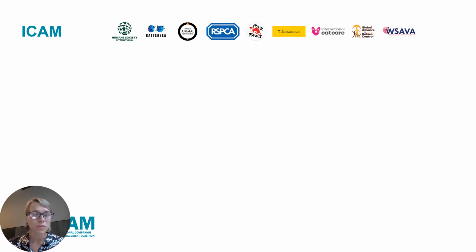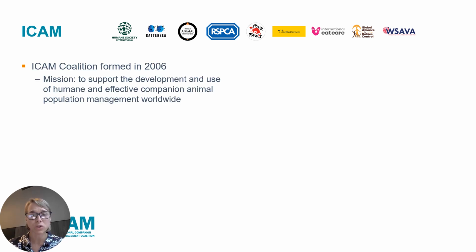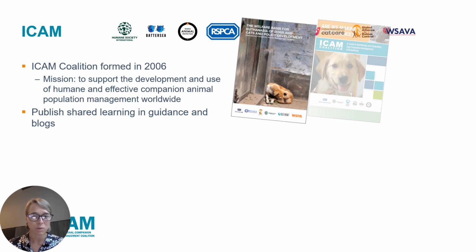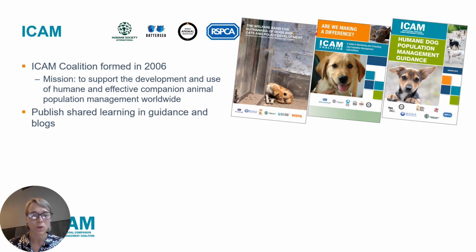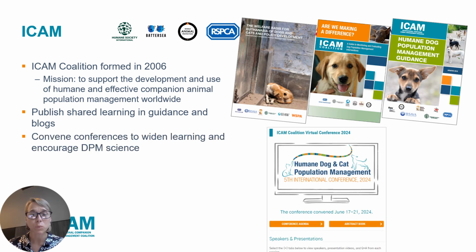I'm going to start with a very quick introduction to ICAM. We are a coalition of international charities. You'll see their logos at the top of the slide. And our mission is to support the development of humane and effective dog and cat population management globally. We publish joint guidance documents. Here are a selection of 3 of those. We run conferences and webinars.